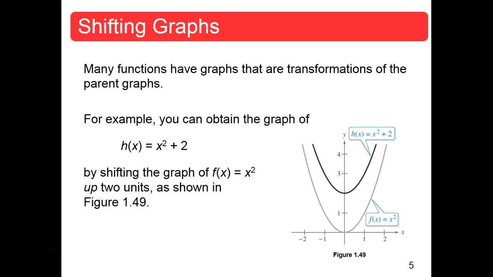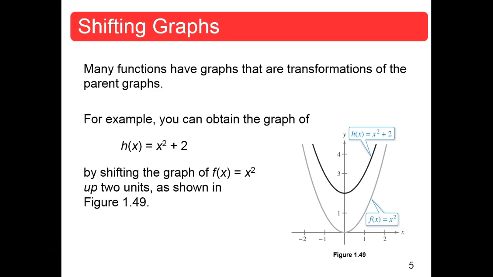Many functions have graphs that are transformations of the parent functions. For example, here's a really simple one. We already saw one in that greatest integer function. We shifted it up one, remember? Here we're going to take a squaring function and shift it up 2. So it's going to take that original squaring function and just raise it 2 units.